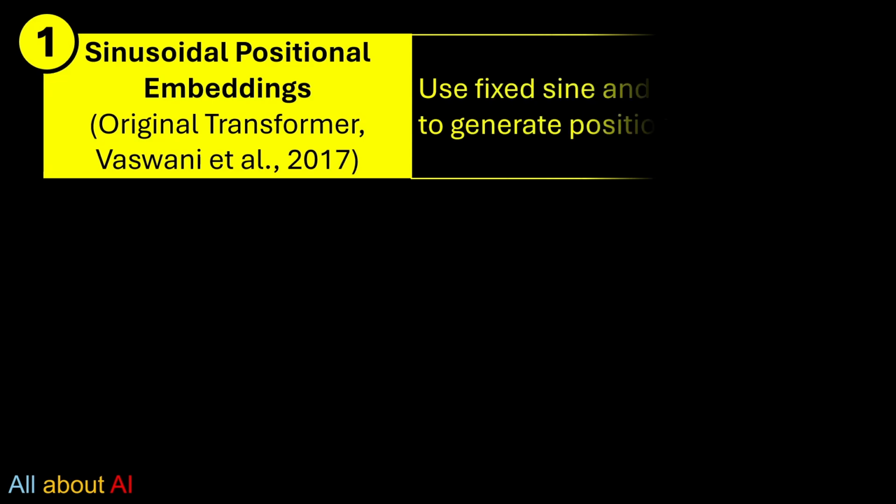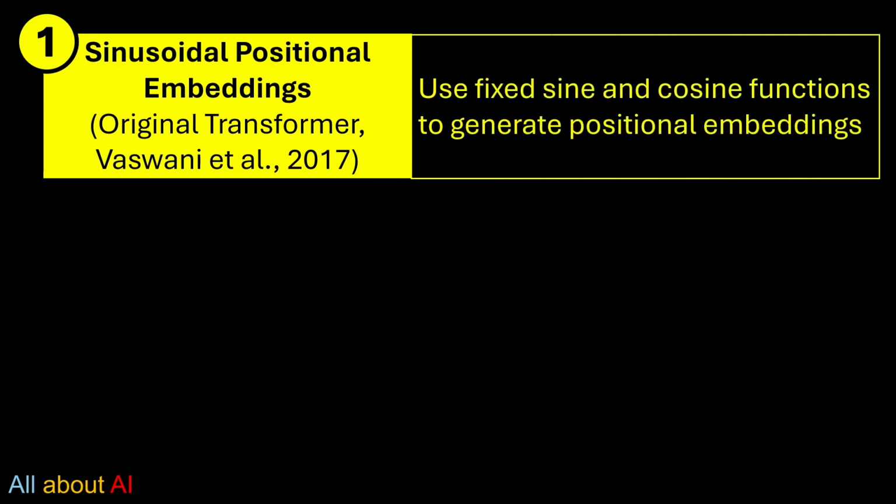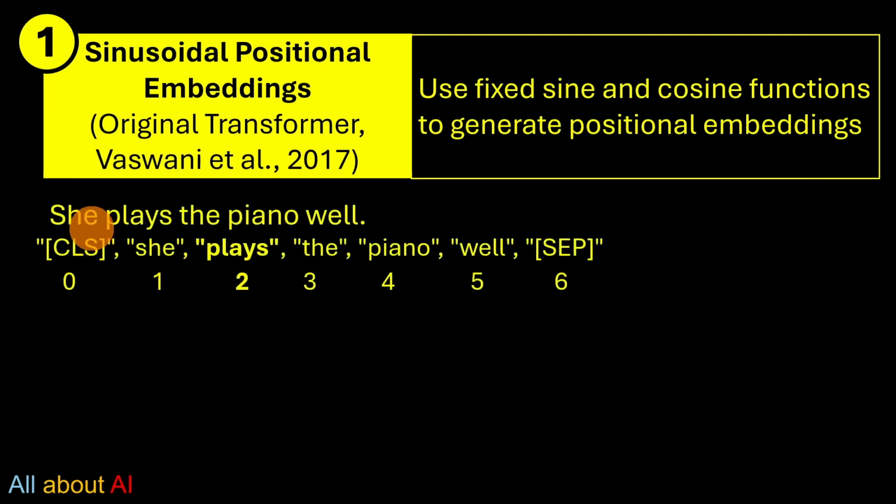Let's take a few examples of positional embedding implementations. The first one that was introduced in the original transformer paper was sinusoidal positional embedding. It uses fixed sine and cosine functions to generate positional embedding. So in our example, she plays the piano well, all these are tokens and these are the positions of the tokens starting from 0, 1, 2.